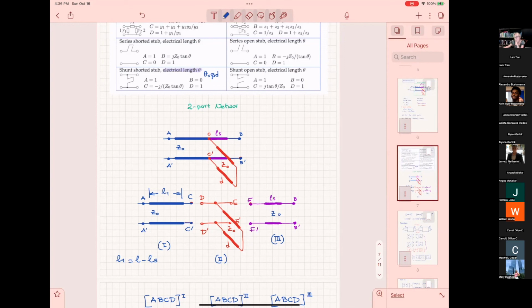To translate it into what? For inductors, does that stay the same? If you have an impedance load that has a positive reactive part, it is a series combination of a resistor and an inductor. If you have an impedance that has a negative reactive part, it is a series combination between a resistor and a capacitor.